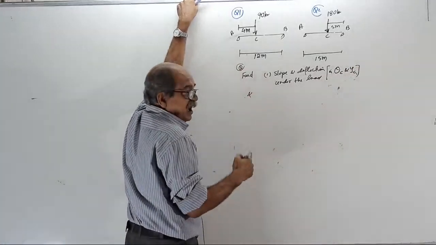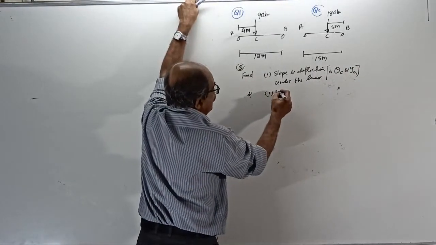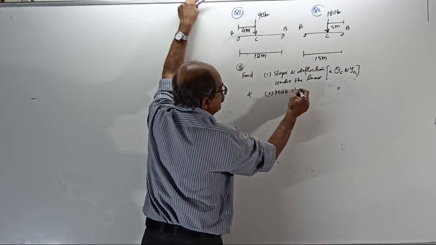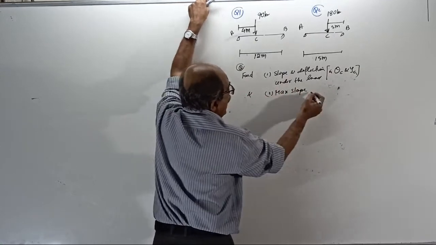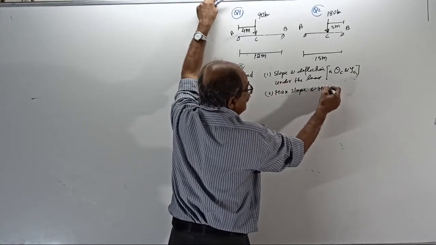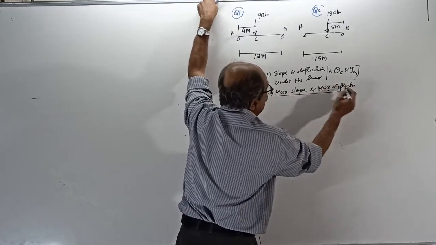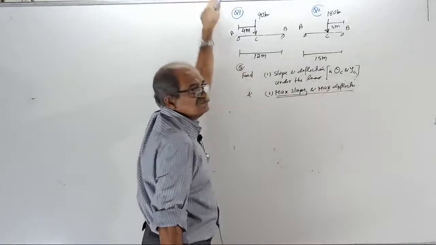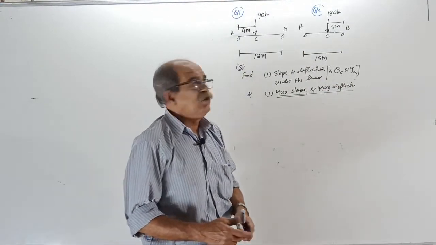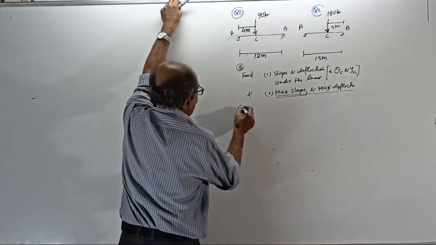And also, in the second one, maximum slope and the other one maximum deflection. This is the question. This is important. This will come today only. Now, correctly make a fair copy. Start. Question number 1 start.